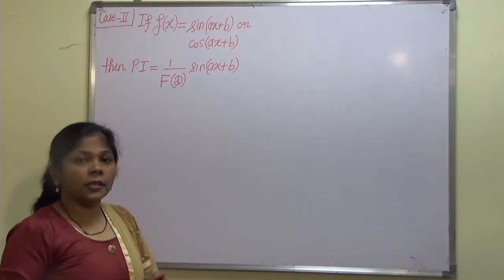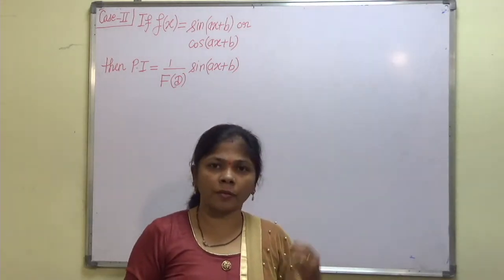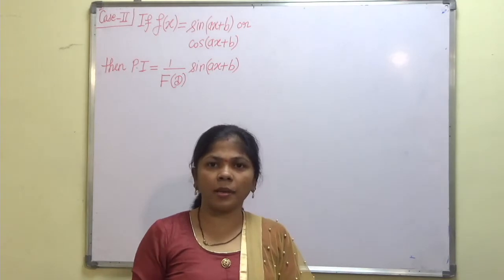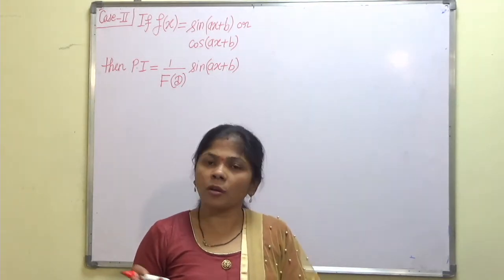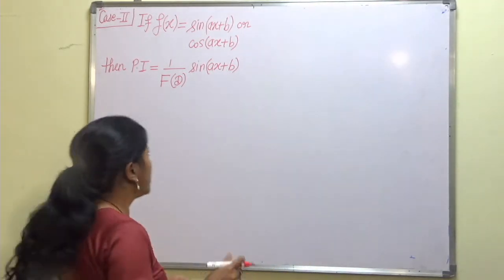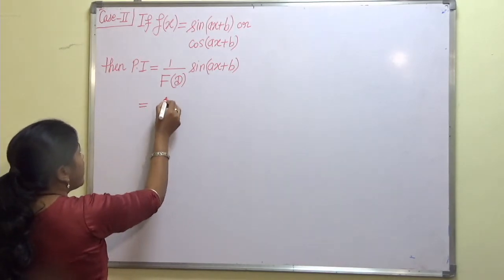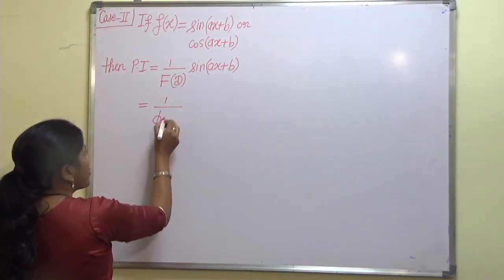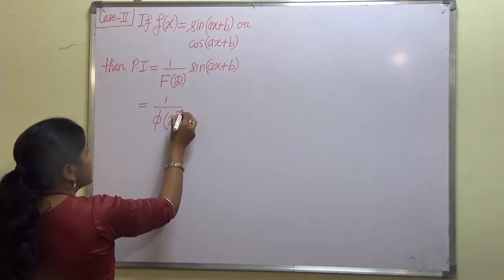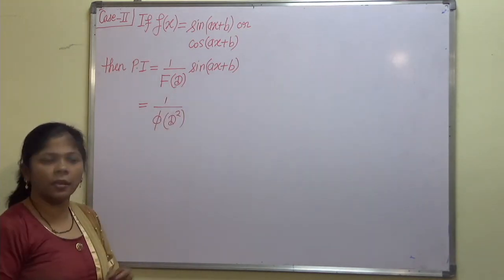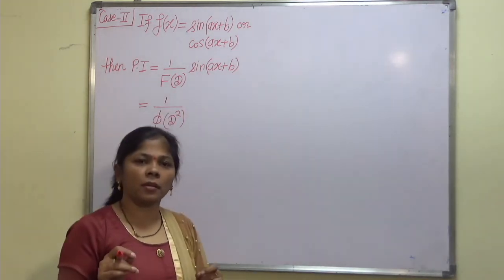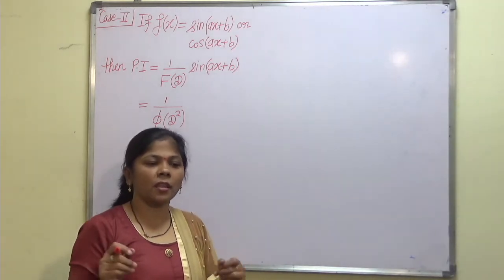For the time being, I am just taking the sine function. A similar process can be applied for the cosine function also. So what do we do here? We will first obtain a function of D square. Every term must be expressed in the form of D square.